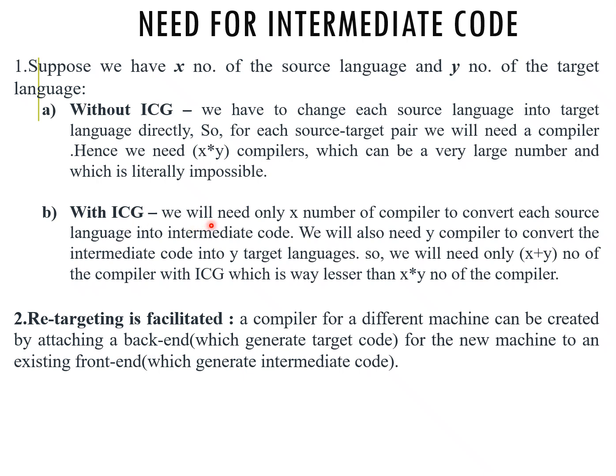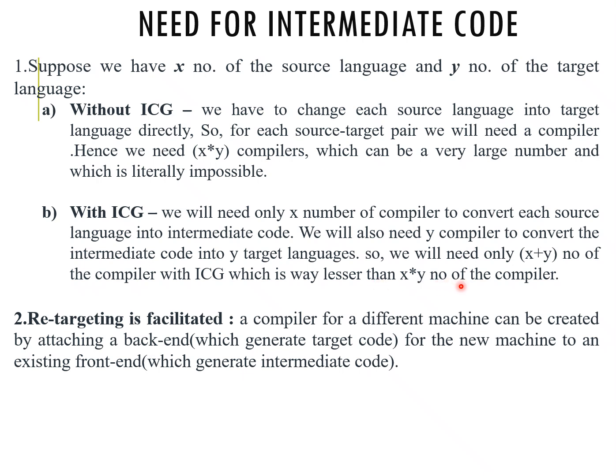In this case, we need only X compilers to convert each source code into its intermediate code. We will also need Y compilers to convert the intermediate code into Y target languages. Thus, the number of compilers required will be X plus Y, which is way less than X into Y.